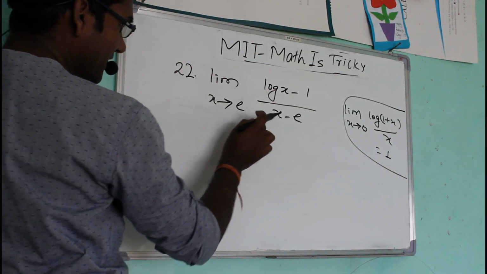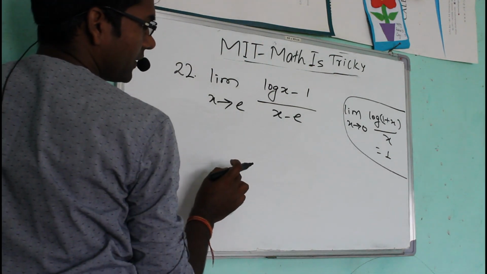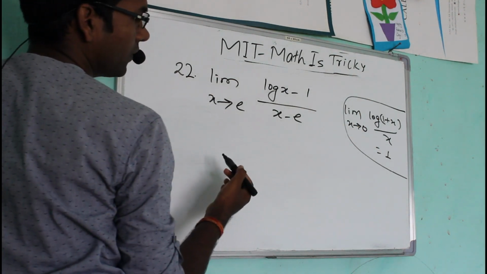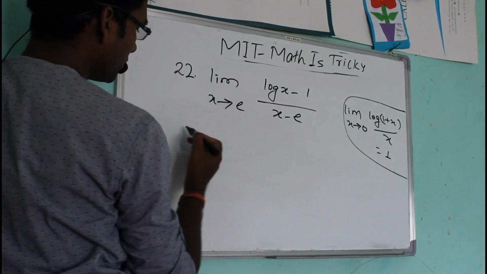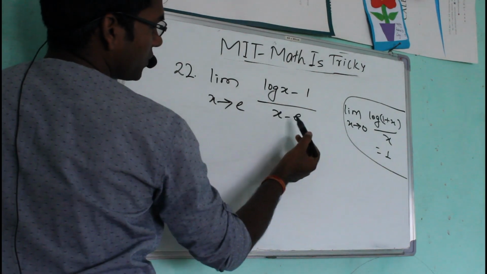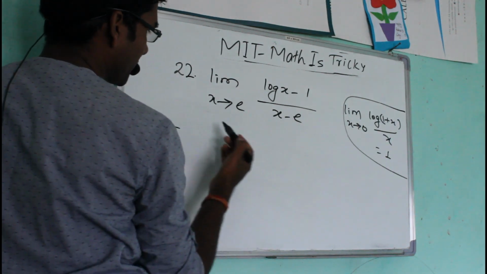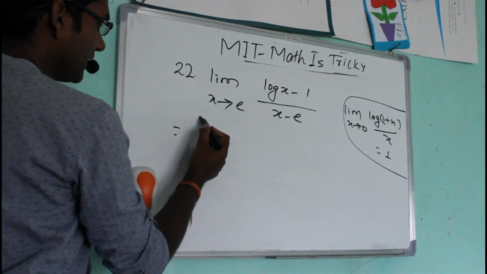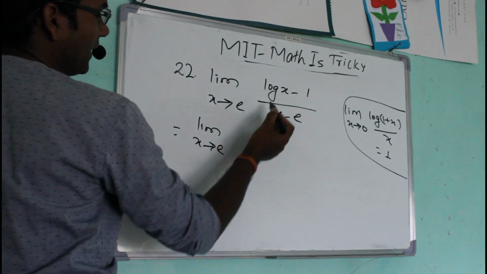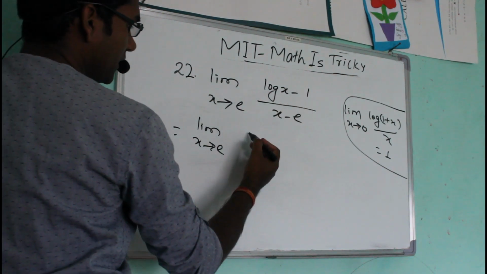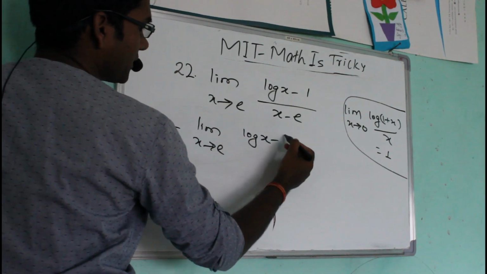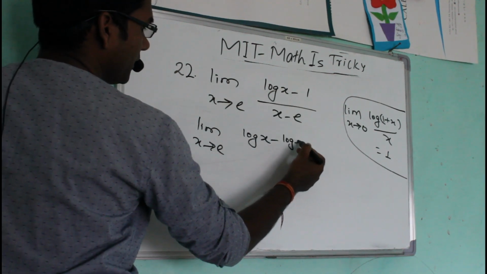So to change the given expression into the formula form, what should I do? I'm trying to change this in this form. So what should be there? It should be log(1 plus x). So let's write here limit x tends to e, and so what we can do here, it is log x minus 1, which means log e.